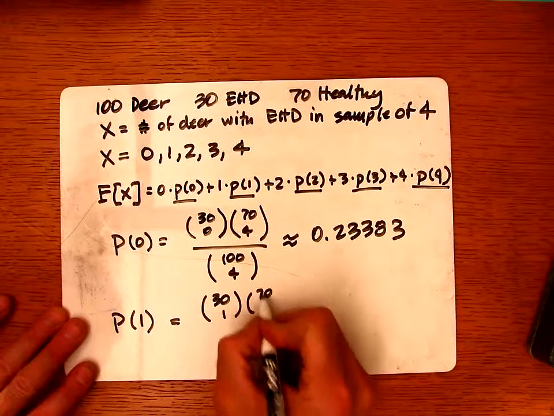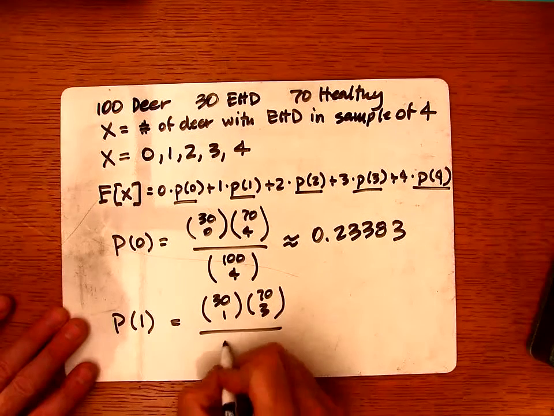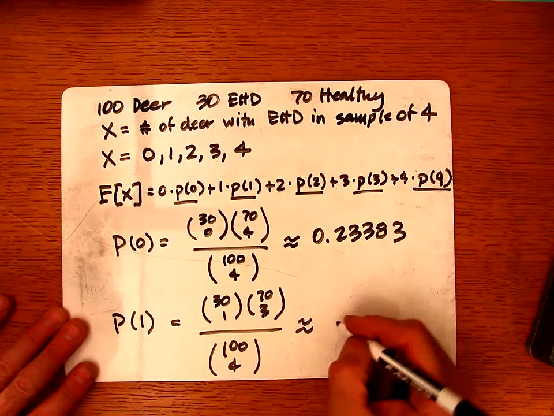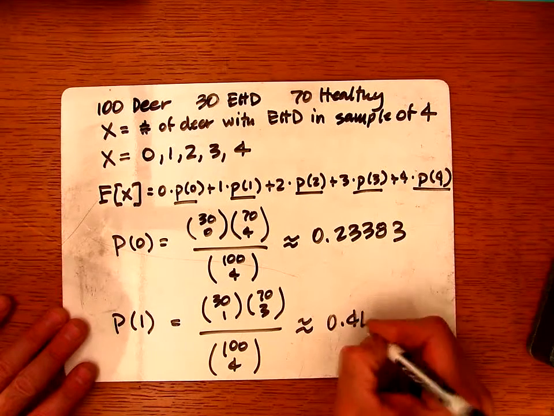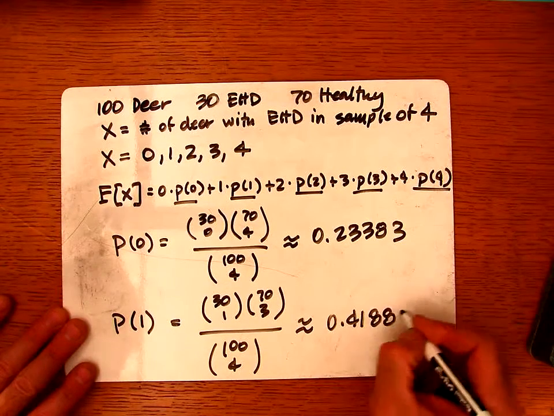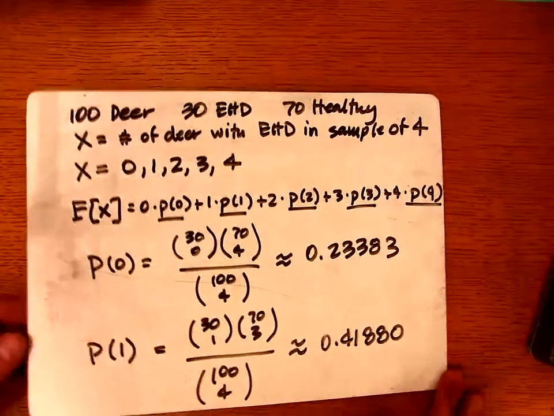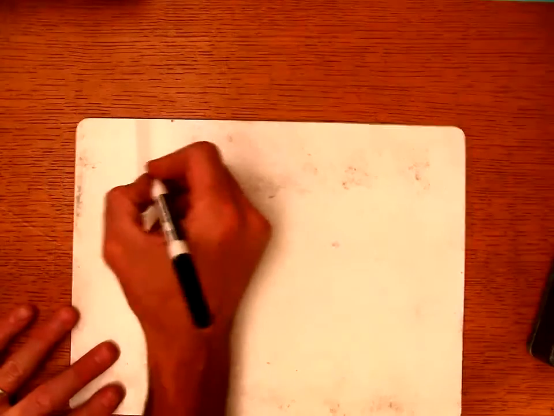And so the probability that we get 1 deer in our sample would be 30 choose 1, 70 choose 3, all over 100 choose 4. And here we get something close to 0.41880. Then let's take a look at the probability we get 2 deer in our sample.